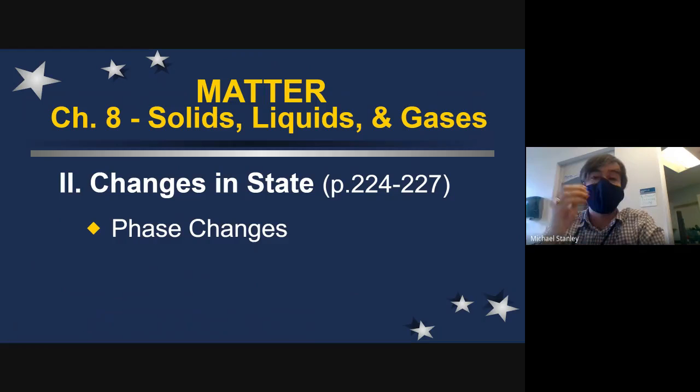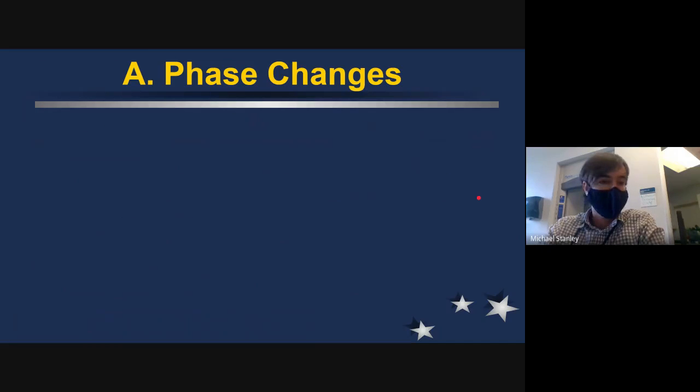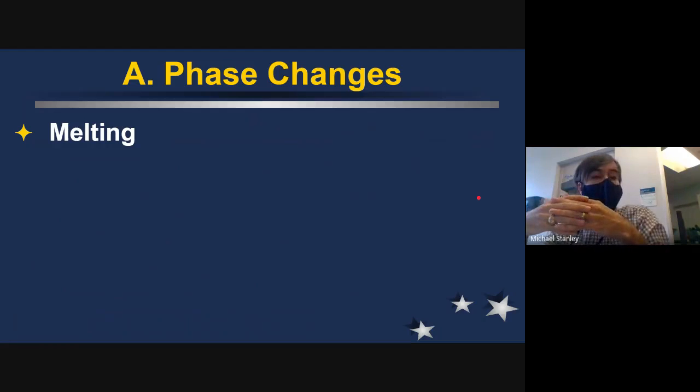So the first couple ones here, I'll have you guys help me out with because you've probably heard these used a lot before. So if I describe something as melting, what are the states that it is changing between?